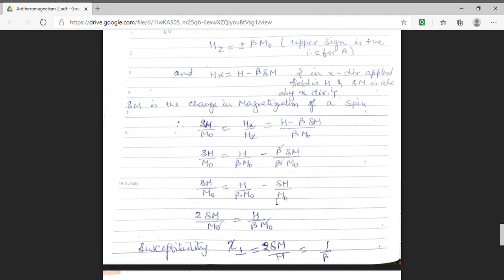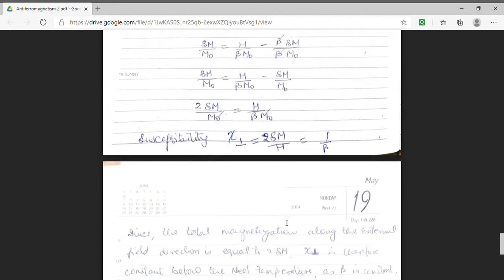From here, on solving, I get my susceptibility in the perpendicular direction, chi perpendicular, equal to 2 delta m upon H, which is equal to 1 upon beta.